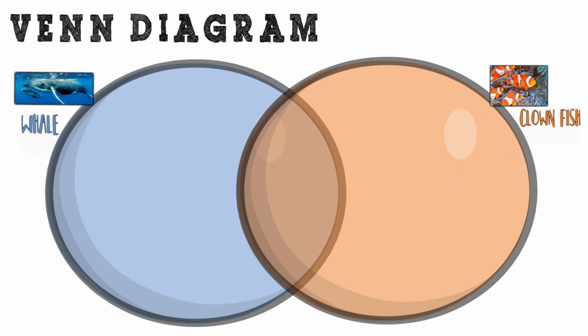This is an example of a Venn diagram and how it is used. As you can see, there are two overlapping circles, therefore there are two sets being represented. The first circle is a set about whales, and the second circle is a set about clownfish. Now, let's have their elements.